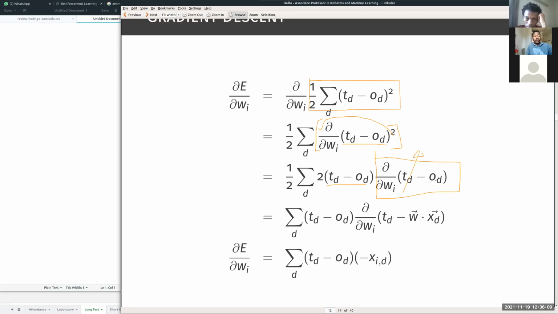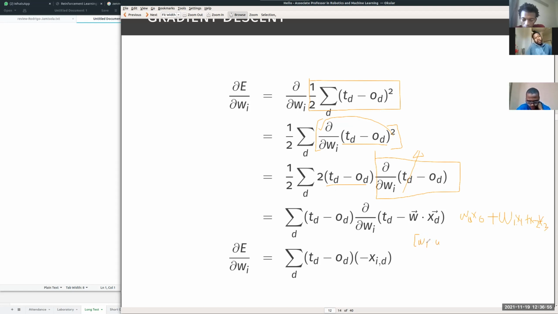Here the output, you just multiply with that function, the summation of W times X. This is equivalent to W0 X0 plus W1 X1 plus W2 X2 and so on. You understand?